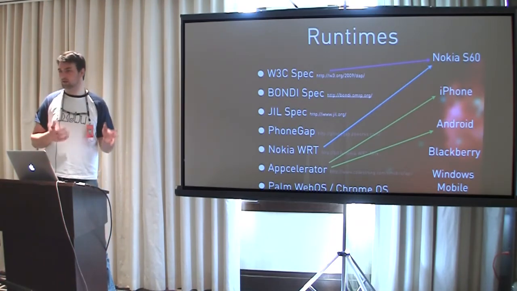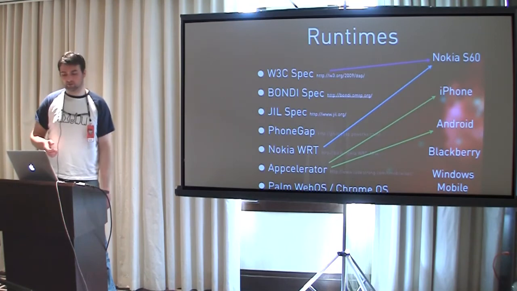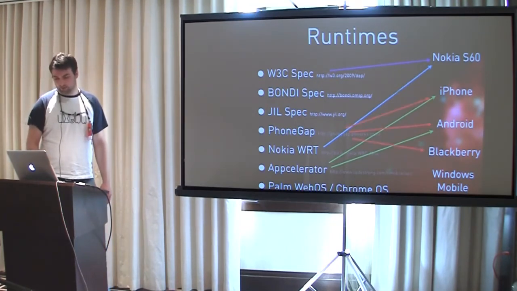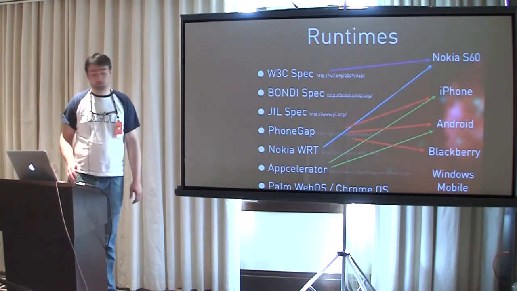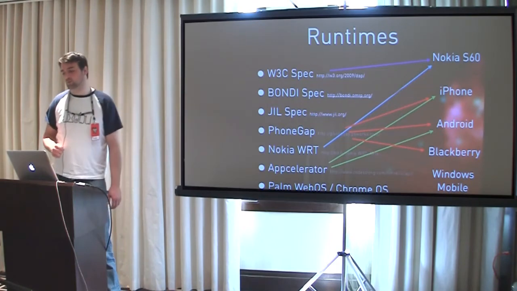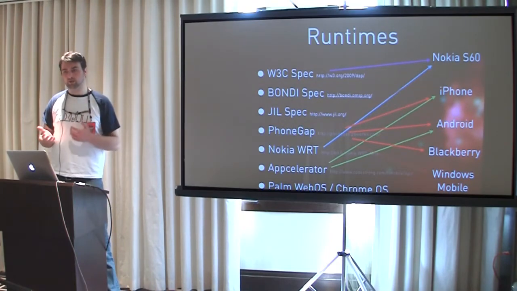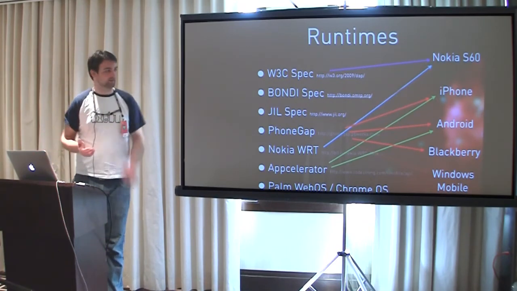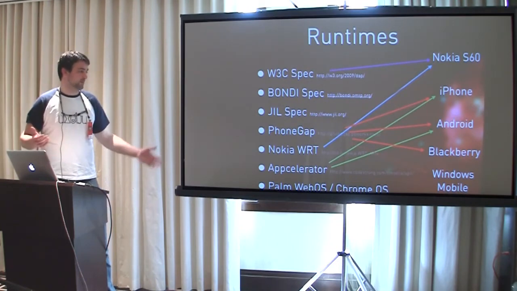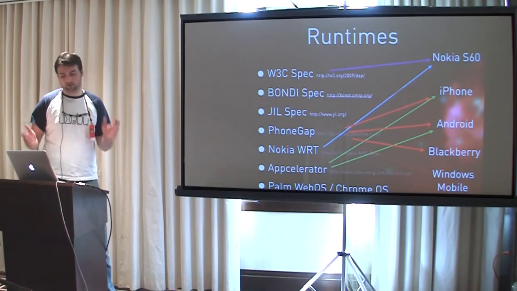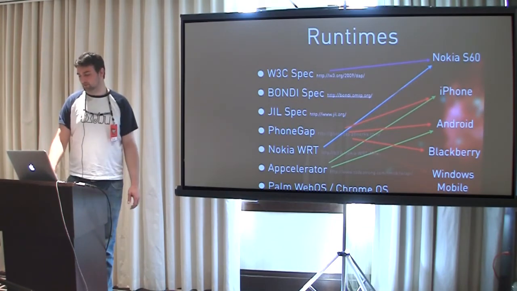I don't know how far they are with BlackBerry, but I think soon they will have something. Then, of course, PhoneGap. PhoneGap is really supporting a lot of devices, and maybe it's the right way to program applications now and use their existing API because they already support so many devices. And I don't know what PhoneGap is doing to work together with Bondi or JIL, but I think we will see that in the future.